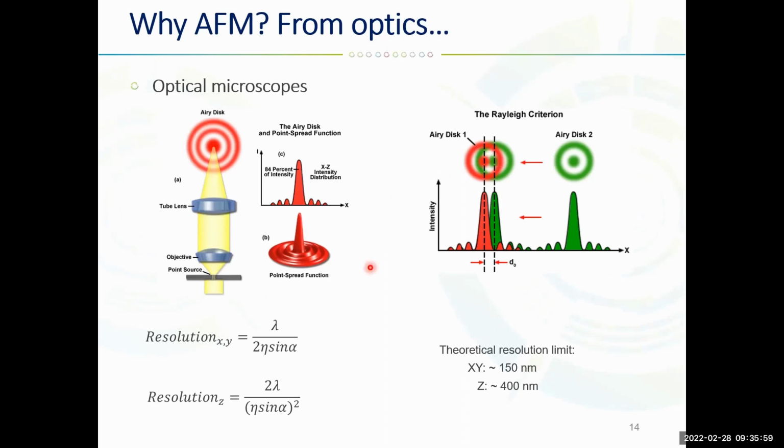So it is also important to know that the objective and the tube lens do not image a point in the object. They usually image these Airy disks with diffraction rings.